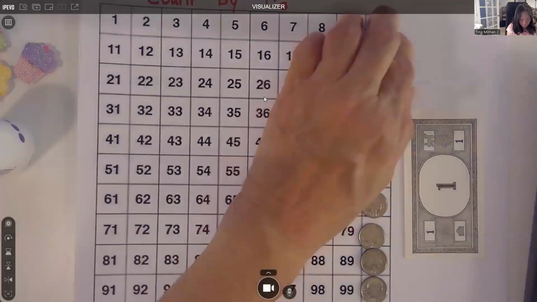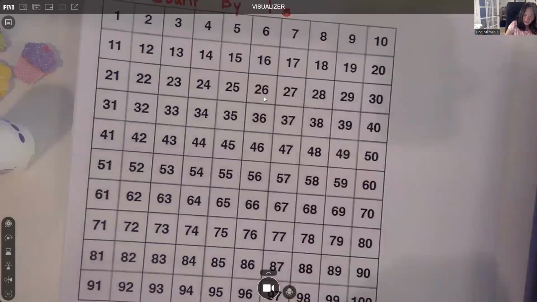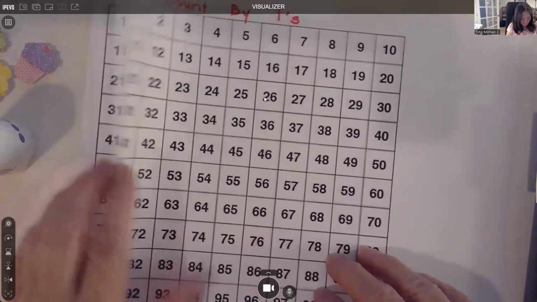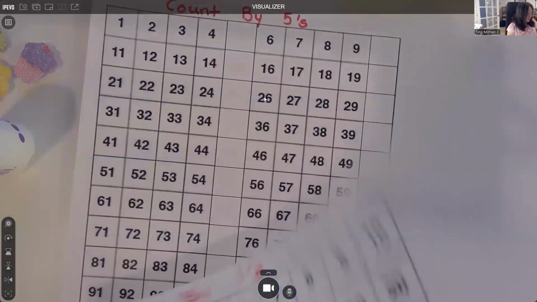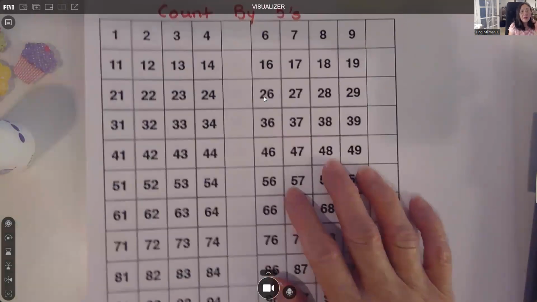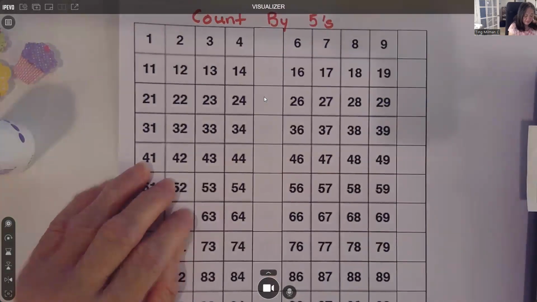Okay, now we are going to do the work on the next worksheet. As you can see, I have a worksheet on counting by fives.